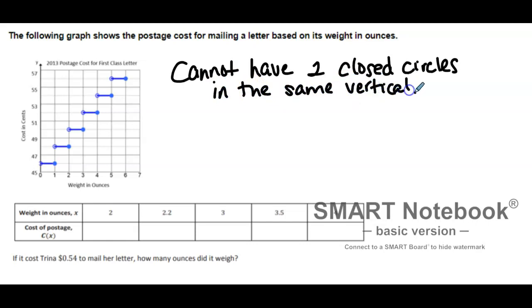If we do, then it's not a function, and we're looking at these being functions. So within a vertical line, you have an open and a closed. At the closed circle, the point is included. At the open circle, it is not included.